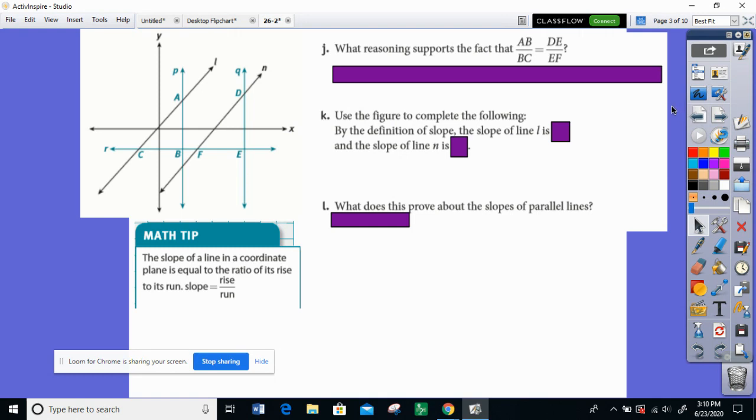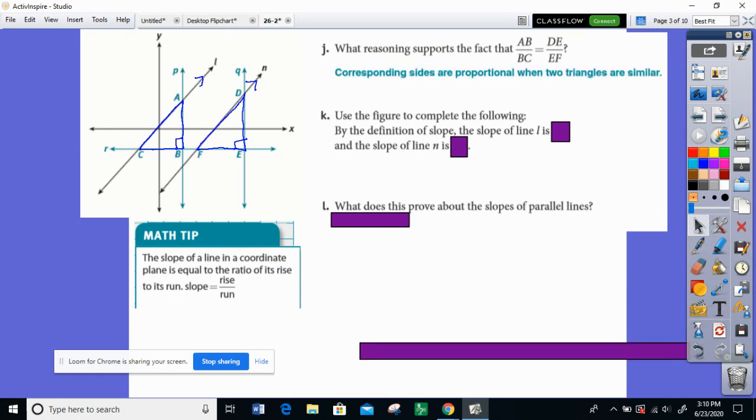Well, if we have two similar triangles, let's go ahead and outline those similar triangles again. Here's one right triangle that's similar to the other right triangle. And remember, we knew that because our starting hypothesis was that lines L and N are parallel.